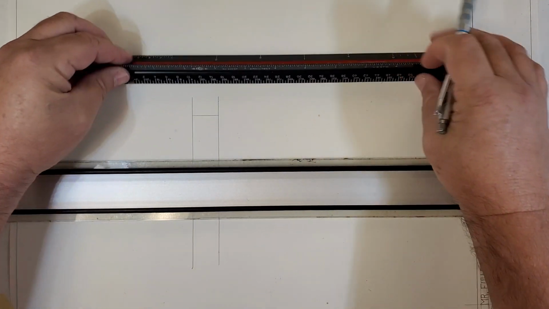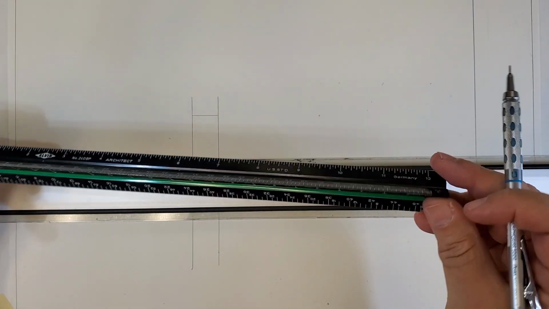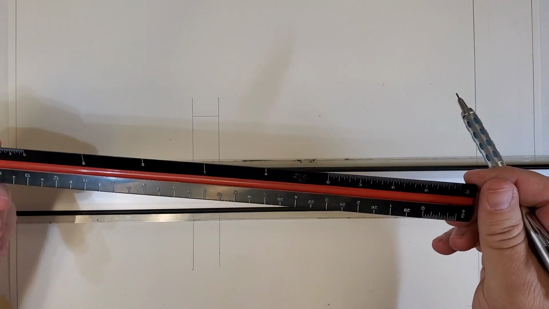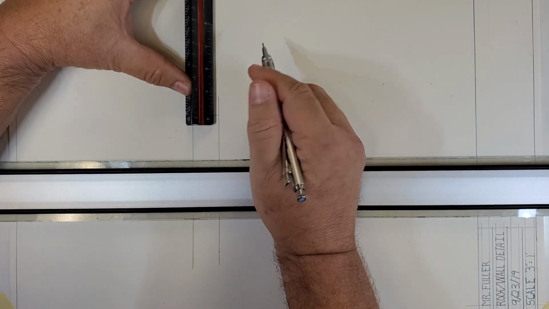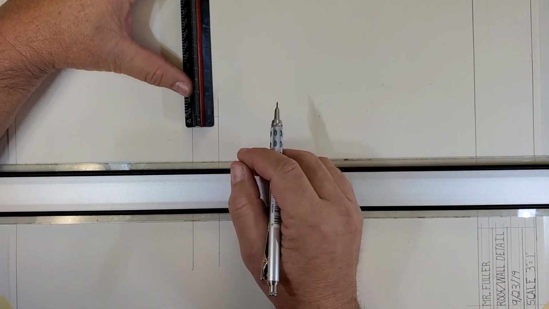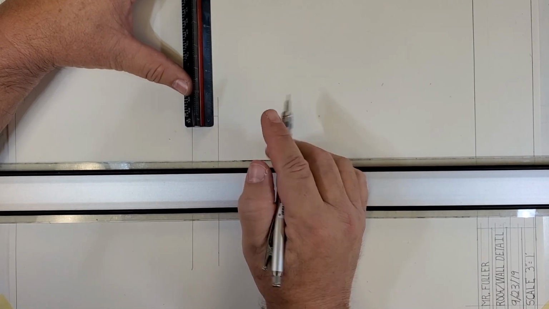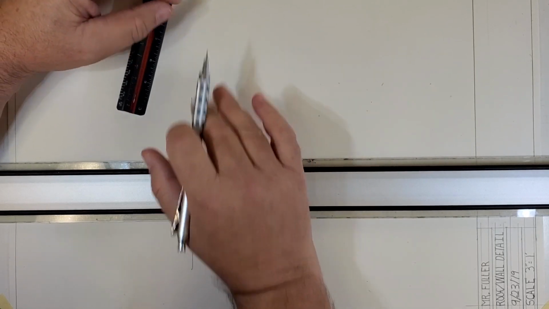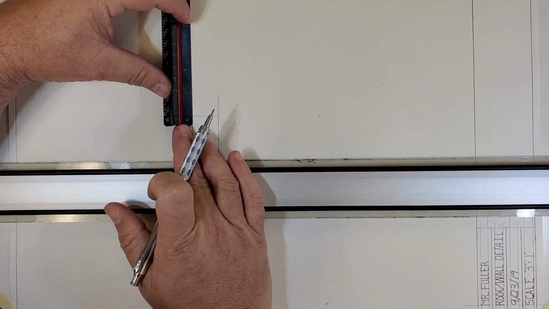Then what you're going to do is you're going to measure the thickness of these top plates. Now the dimension we're interested in here is the 1.5 inch dimension, because those top plates will be laid flat over the top of these studs.